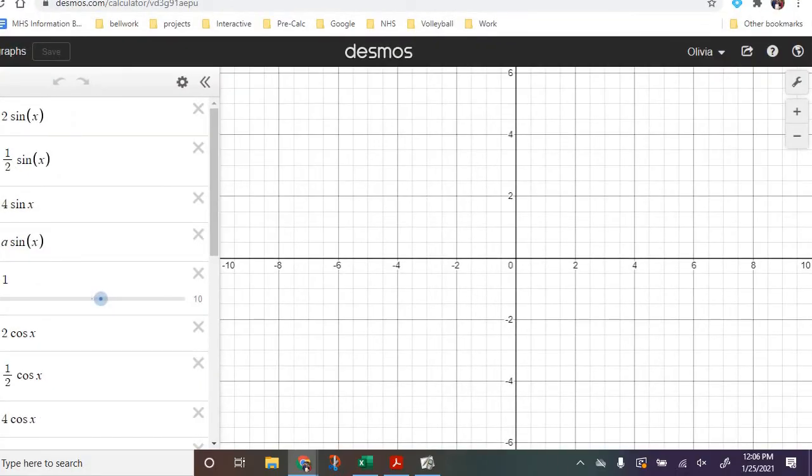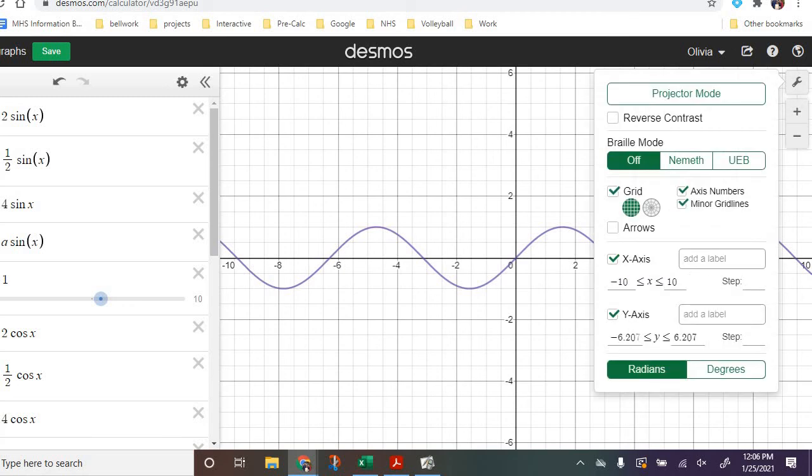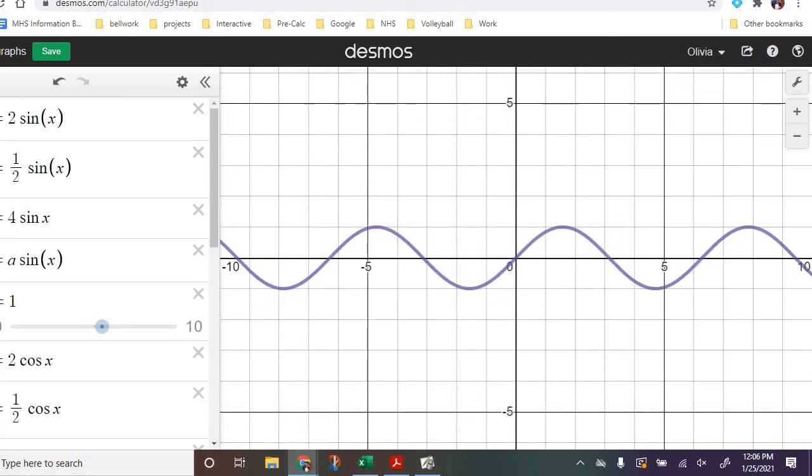So our normal sine graph looks like that. We have a maximum at 1, a minimum at -1, and it looks like a little wave in between. So if we were to multiply, say, 2 on the outside, what do we think that that would do?